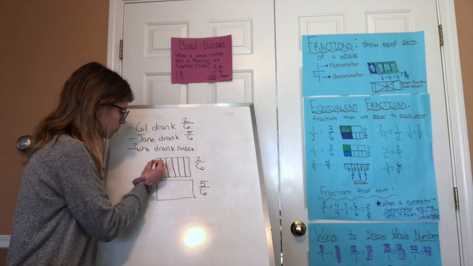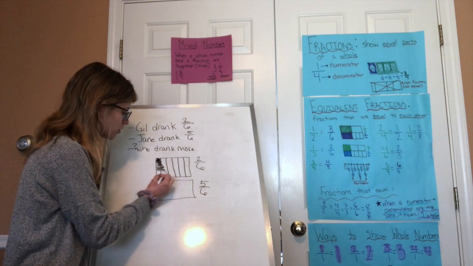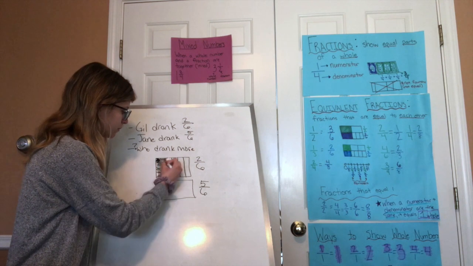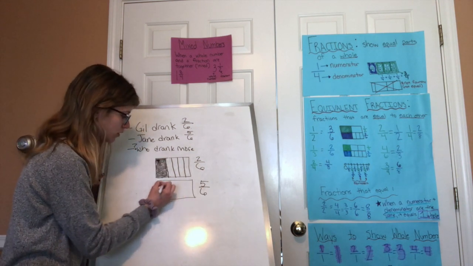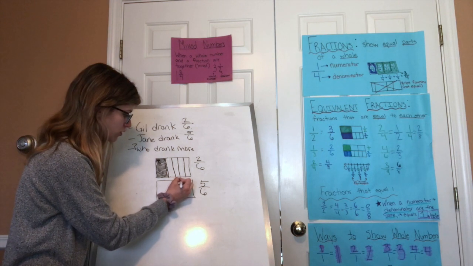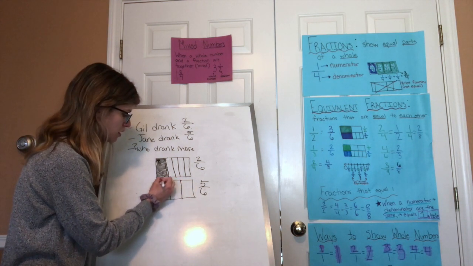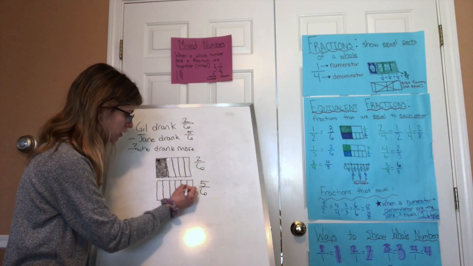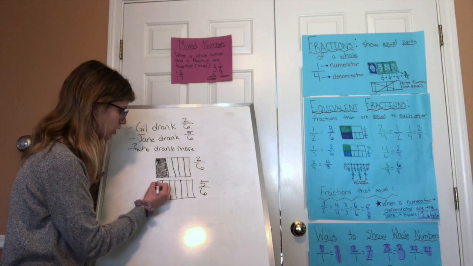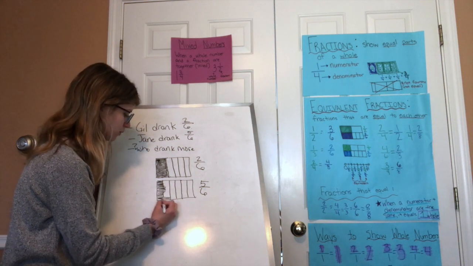So now I'm going to color in, or shade in, 2 parts. And for 5/6, I'm going to do the same thing where I separate it into 3 parts, and then in half. That way I make sure that they're all equal. I'm going to shade in 5 parts because it's 5/6.